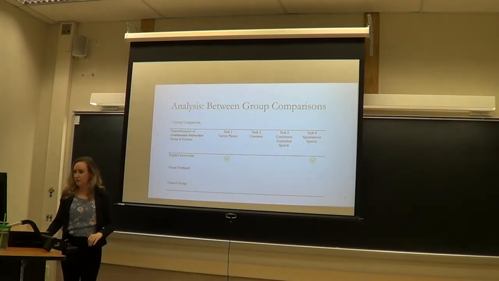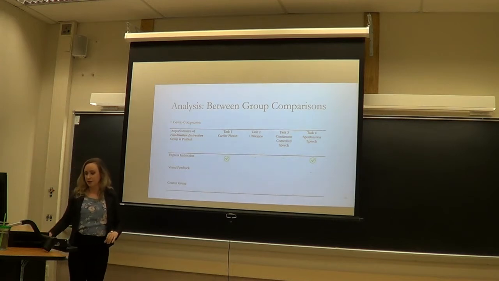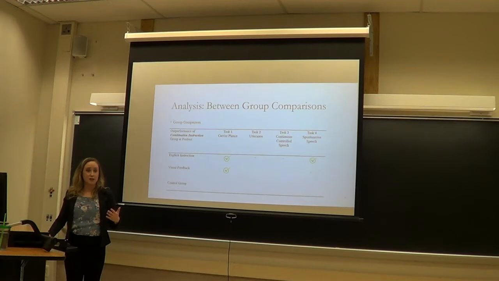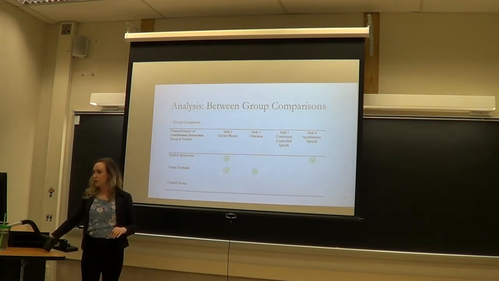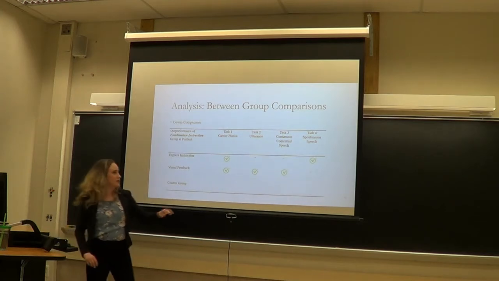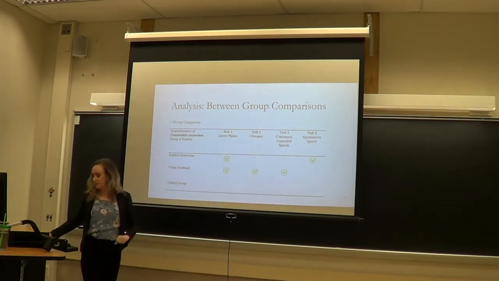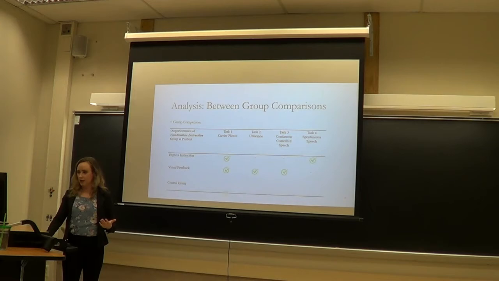So now we look at visual feedback in comparison to combination. The combination group significantly improved more than the visual feedback group in task 1, 2, and 3, and then they did about the same in task 4. As we already know, the combination instruction group outperformed the control group in all tasks.